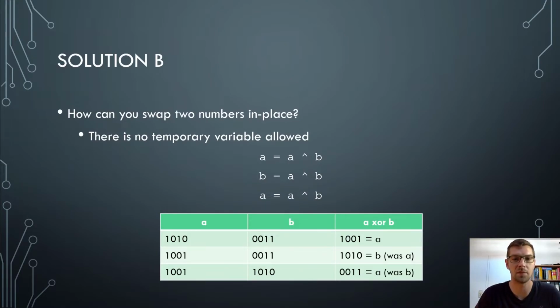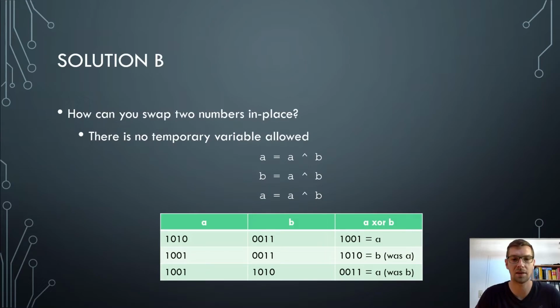Alright, if we have a look here, we see that we can do a equals a XOR b, b equals a XOR b, and a equals a XOR b. That is kind of interesting, because we basically do the same thing three times. But if we look at the table, we see the results too. So a XOR b is equal to our new a.